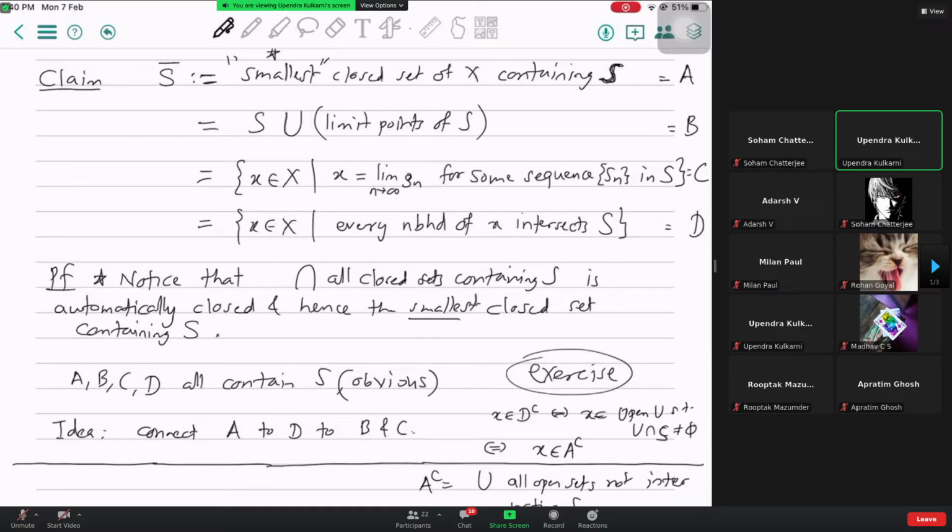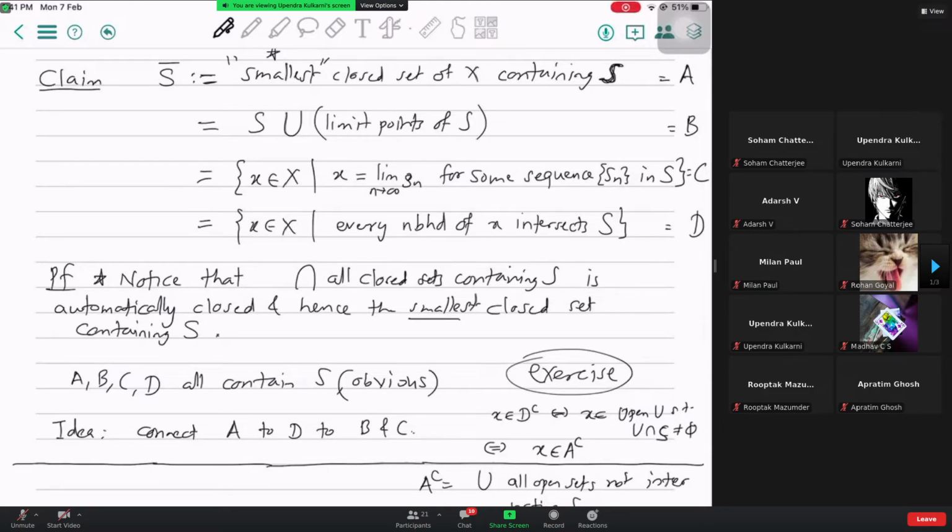The complement of an intersection is a union of complements, no? Yeah. And a closed set containing S, its complement is going to be an open set not intersecting S.